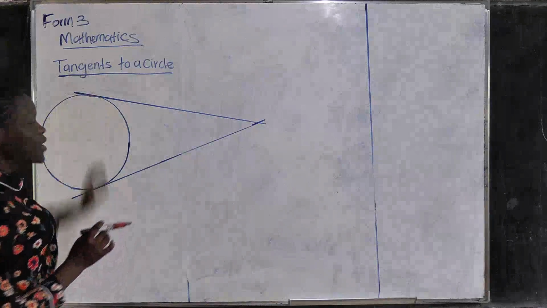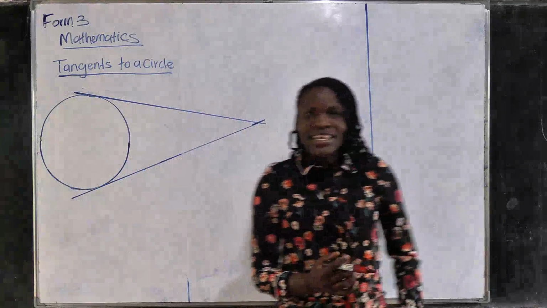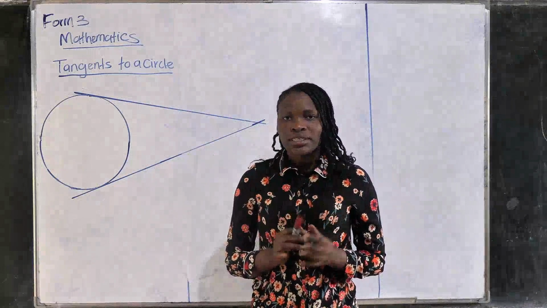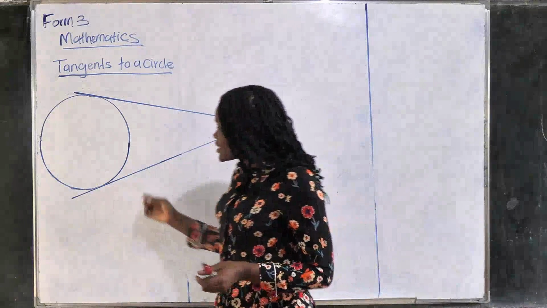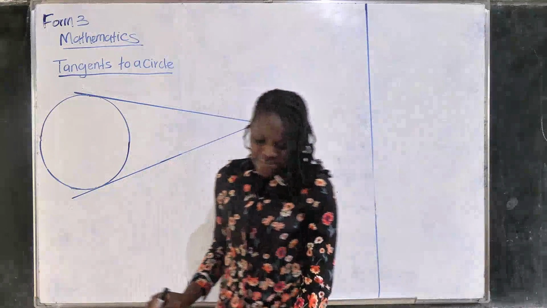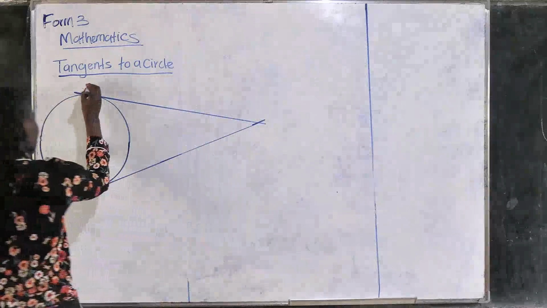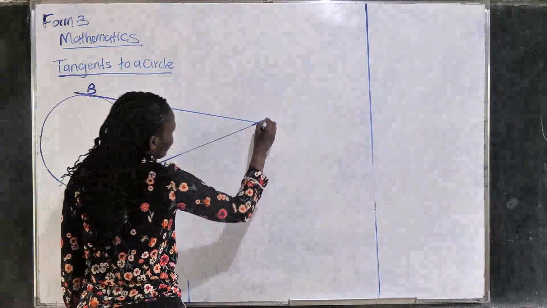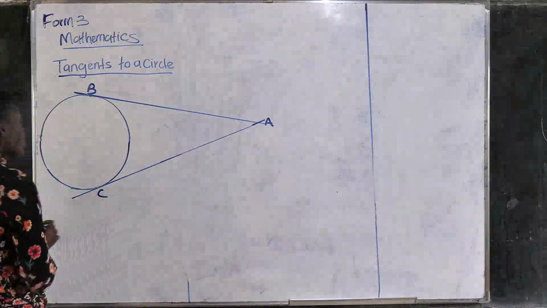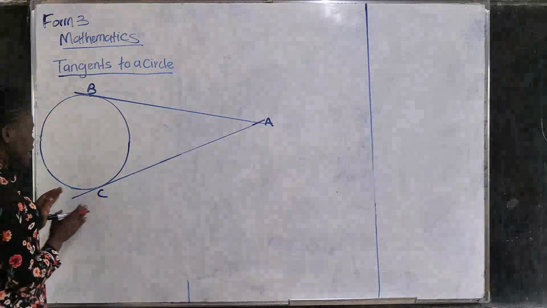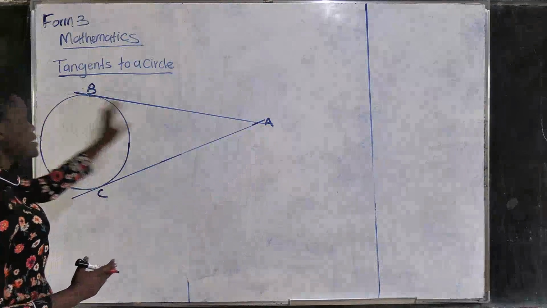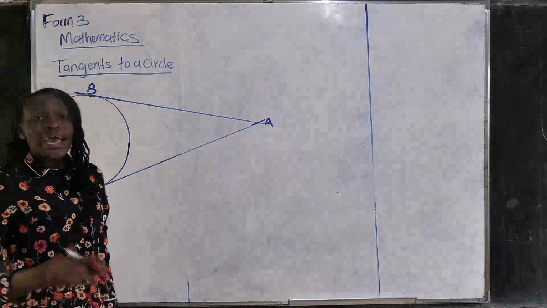so we have two tangents. We say a tangent is a line that cuts at one point of a circle. We have this line, let's say line B, this is B, and this is A. And then we have this one to be C. So line CA is a tangent, and line BA is also a tangent.